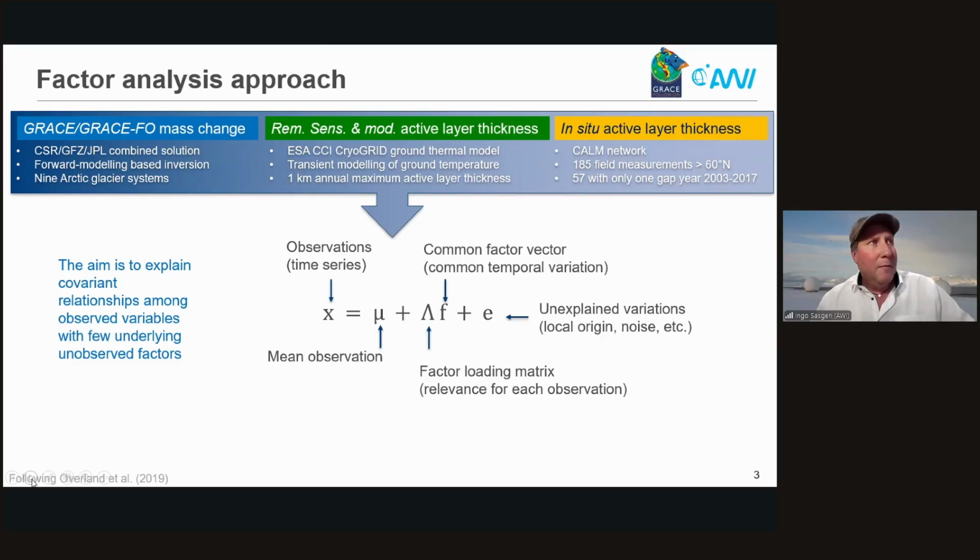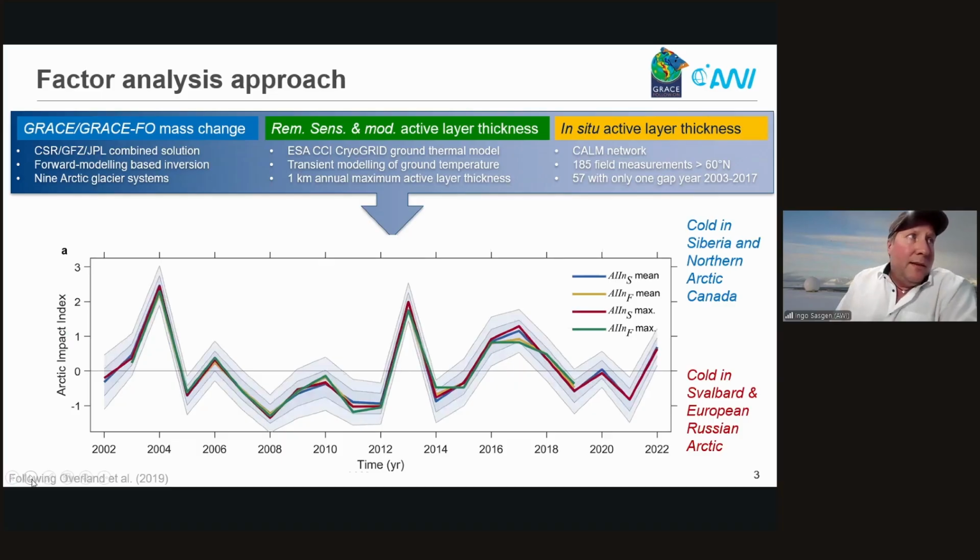This is the variable f here, and this is connected to the observation by this factor loading matrix, which describes how much, and also with which sign, this covariation impacts or represents these observations. So the result is basically something like an Arctic impact index.